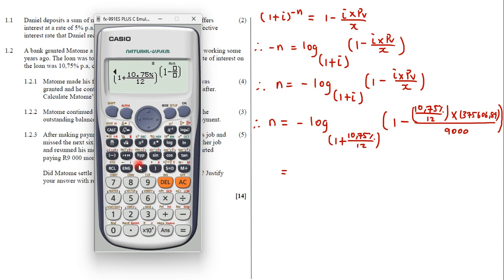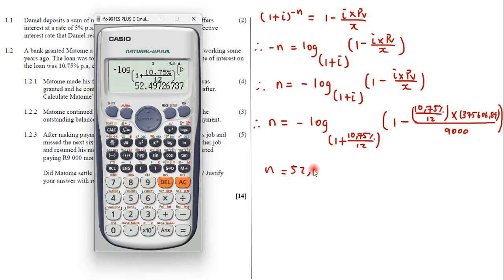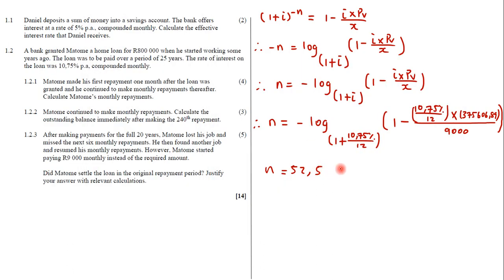Minus 10.75% over 12 into 375,606.89, close bracket, over 9,000. Press answer. So my answer for n is 52.5.